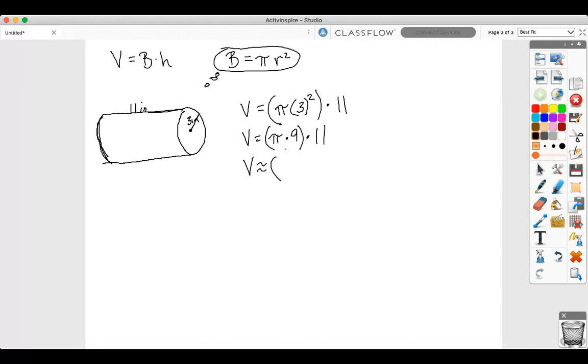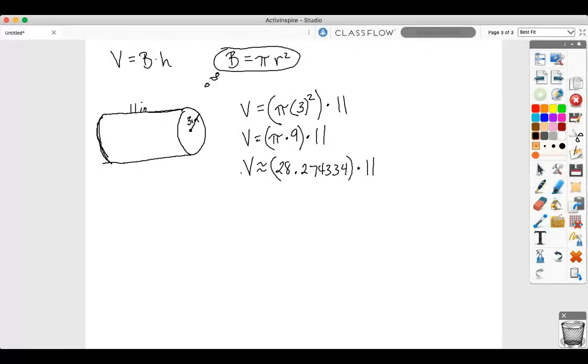Okay, so I'm going to go out a few more than 2 decimal places here. So 28.274334. That should give me enough to be able to round correctly in my final answer, times 11. And notice I did a bunch of decimal places because I'm not rounding yet, not rounding until the end.